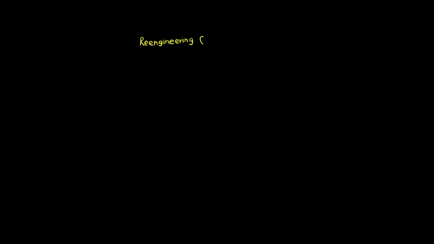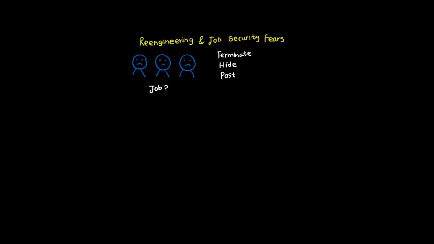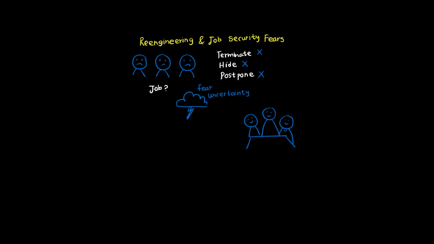Re-engineering processes before system implementation triggers deep fears about job security. Terminating resistant staff destroys morale and loses valuable knowledge. Hiding plans breeds suspicion and rumors. Postponing changes just delays the inevitable. The solution involves staff participation from day one. When employees help redesign their own workflows, they become architects of change, not victims.